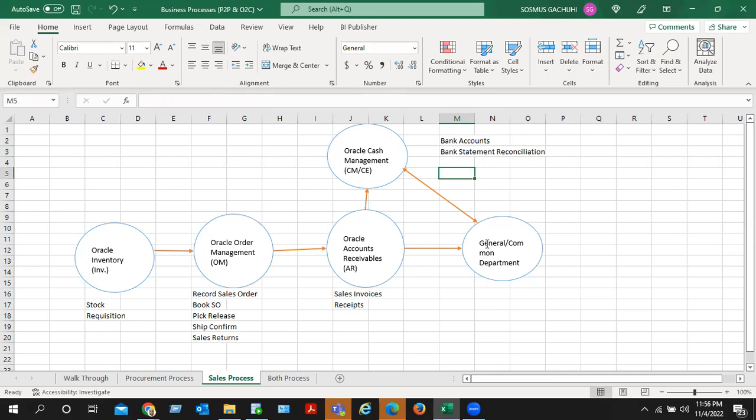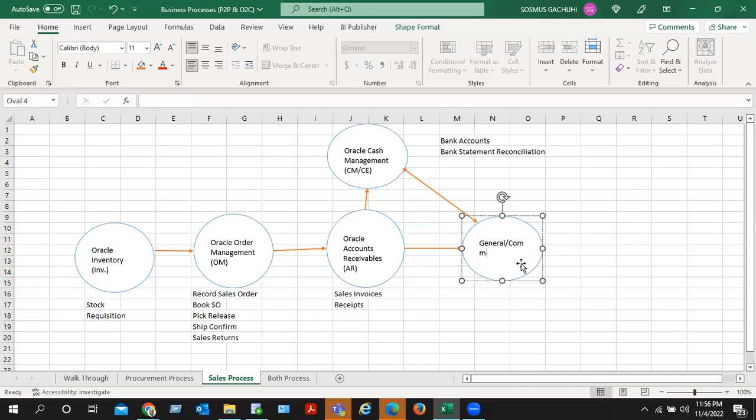Then of course all this information has to flow from Oracle accounts payable, order management, Oracle inventory, and Oracle cash management all the way to the common or general department, which we refer to as Oracle General Ledger, GL.